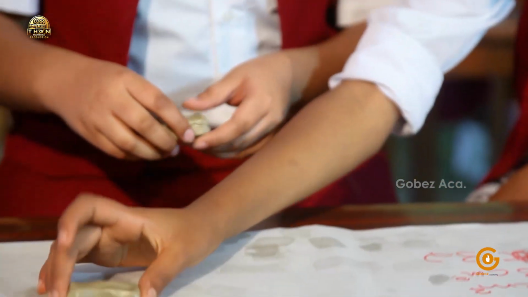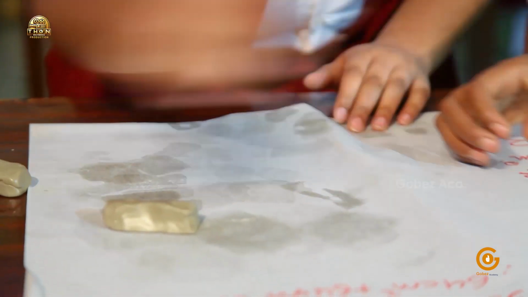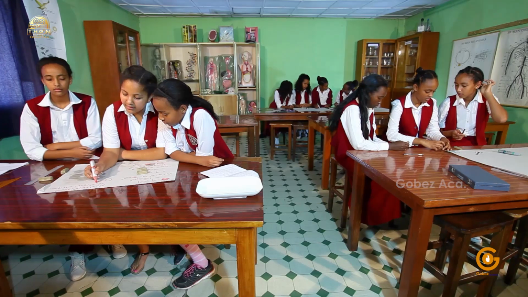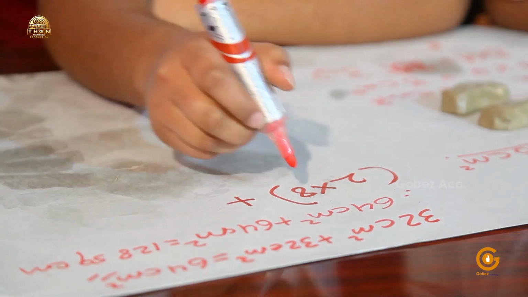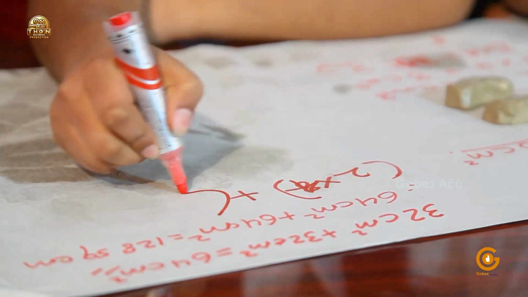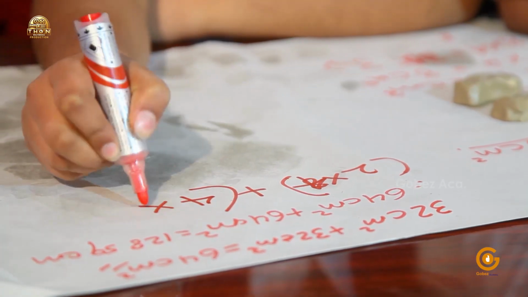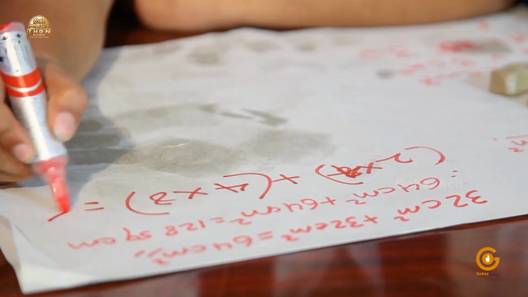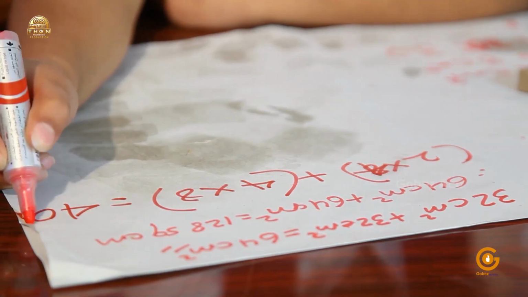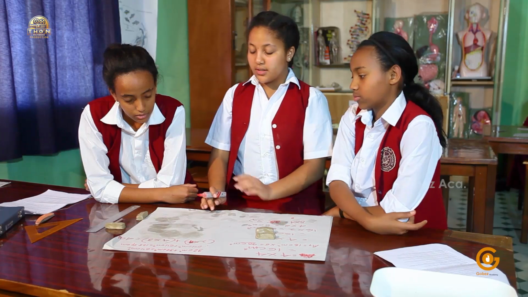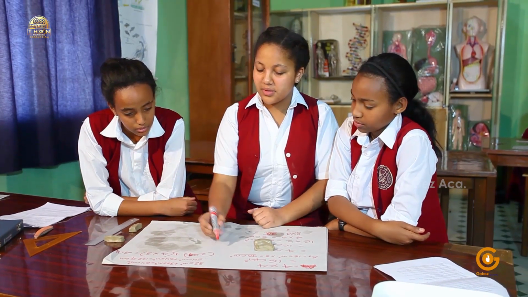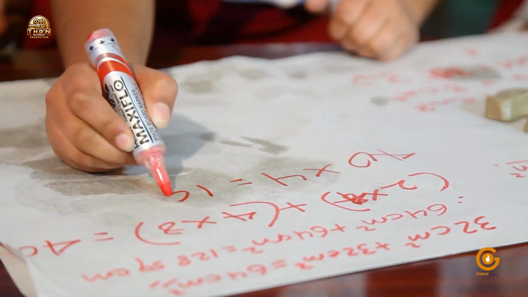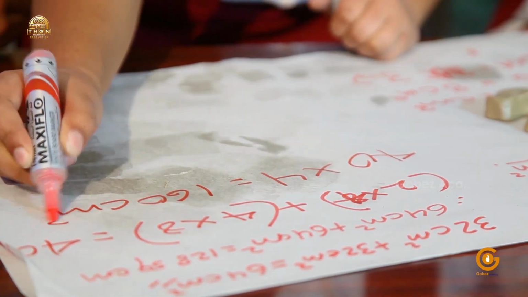And to calculate the surface area, we have to multiply 2 by 8 plus 2 by 4 plus 4 by 8, which gives us 40. Yes, that's 40 centimeters squared. Since we have 4 pieces, we have to multiply 40 by 4, which gives us 160 centimeters squared.